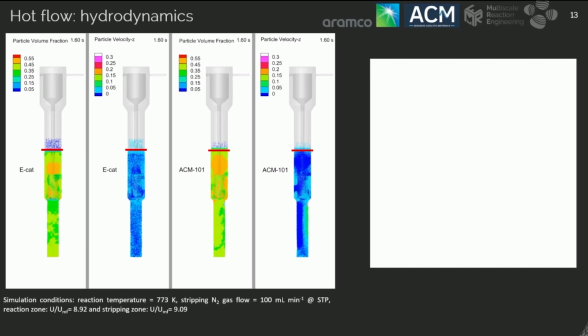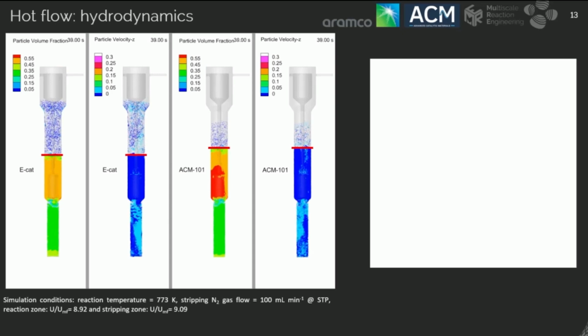If we start the simulation, we can see that the effective bed height for the SM101 is going higher and higher, while the one for the ECAT is going lower. This is because our catalyst SM101 has higher tapping density. This is one of the advantages, in addition to the narrow particle size distribution of SM101.